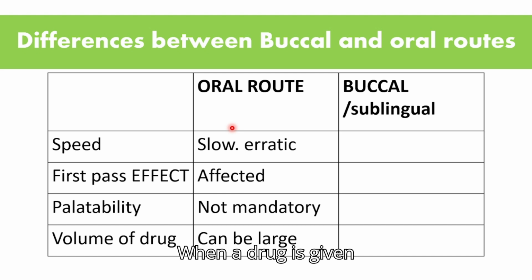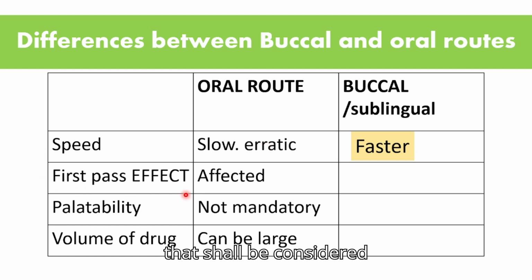When a drug is given orally, absorption tends to be slow and erratic. However, when a drug is given buccally, absorption is faster. The second property that shall be considered is the first pass effect.